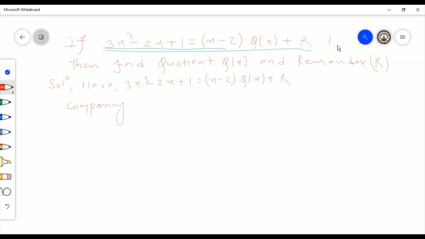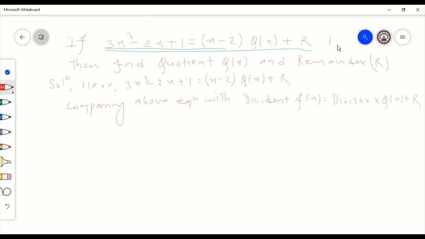So in this part, we can compare the above equation with the divisor and dividend. That we call f(x). f(x) equals divisor into quotient plus remainder.